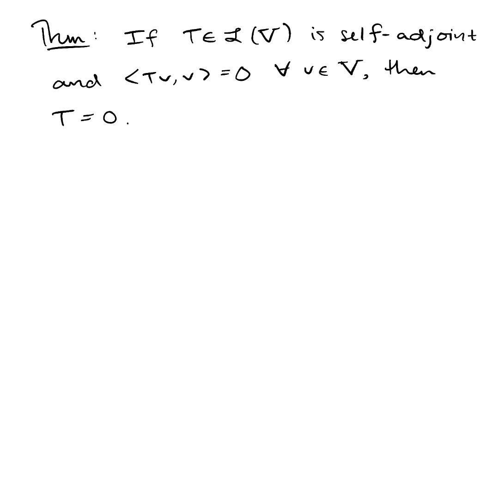So the innovation here is that we got to drop the hypothesis that V was over the complex field, but we had to replace it with knowing that T was self-adjoint. Okay, so this is true even without T being self-adjoint if we were over a complex scalar field. This theorem says it's true over whatever the scalar field is, provided you know the operator is self-adjoint.